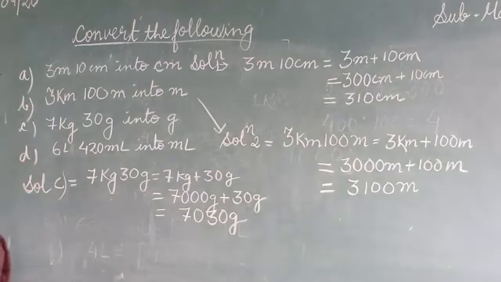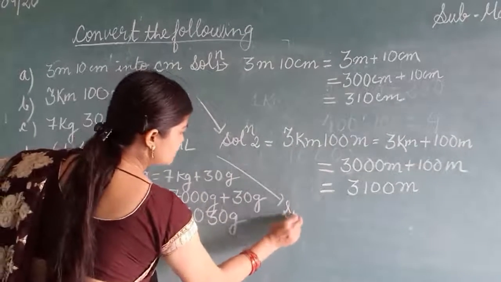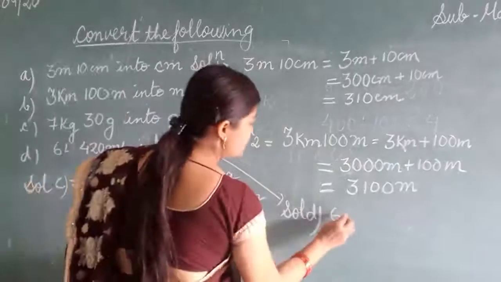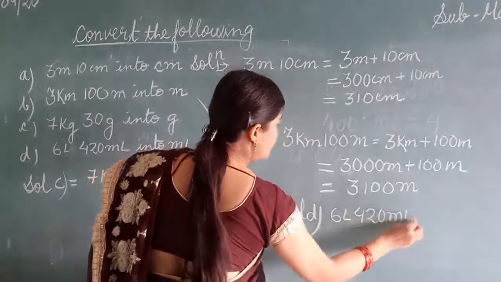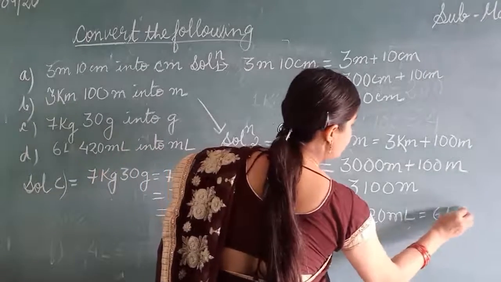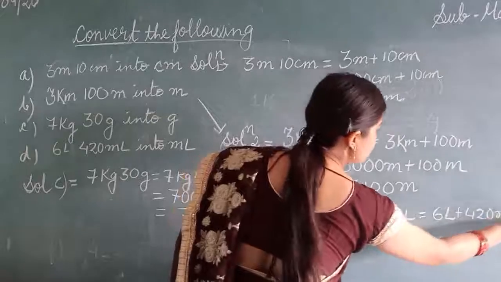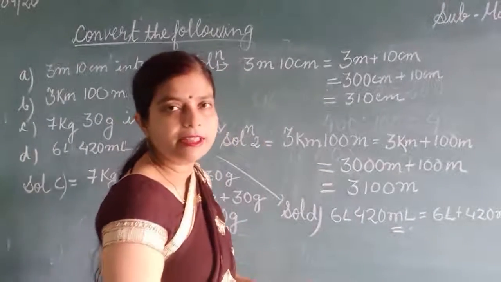Now take this D number also. Simply 6 liter 420 ml. We can write it as 6 liter plus 420 ml. We only have to convert this liter into milliliter, and for converting liter into milliliter we have to multiply by 1000.